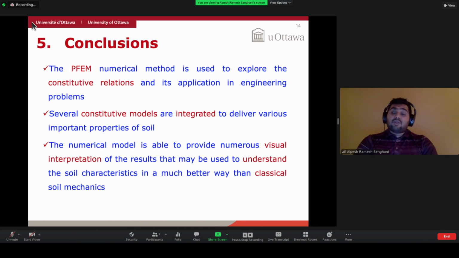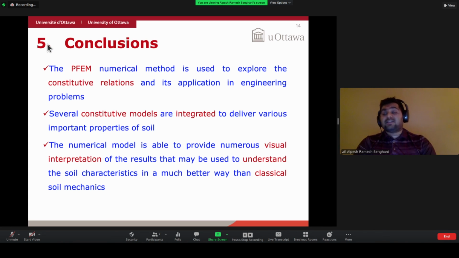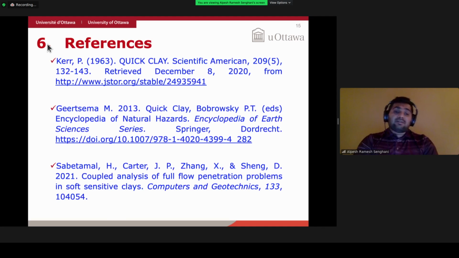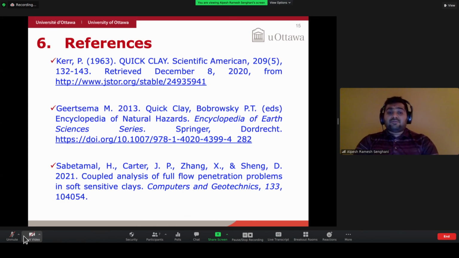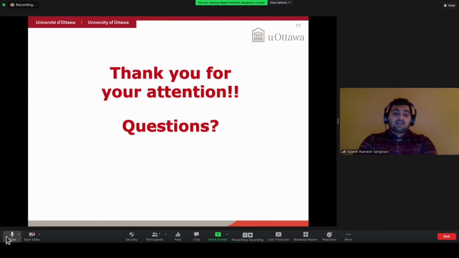The numerical model is able to provide numerous visual interpretations of the results that may be used to understand the soil characteristics in a much better way than classical soil mechanics. These were some of the references I used, and I'd like to thank Sabetamal 2021 for the research work. Acknowledgements to Dr. Infante. Thank you for your attention.